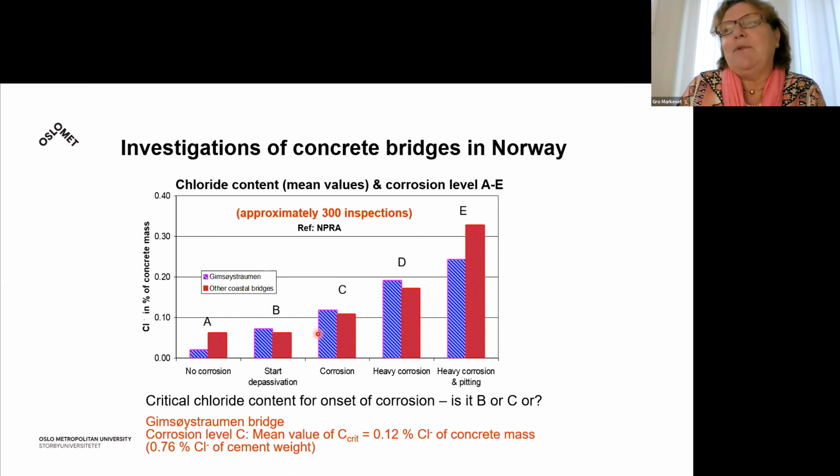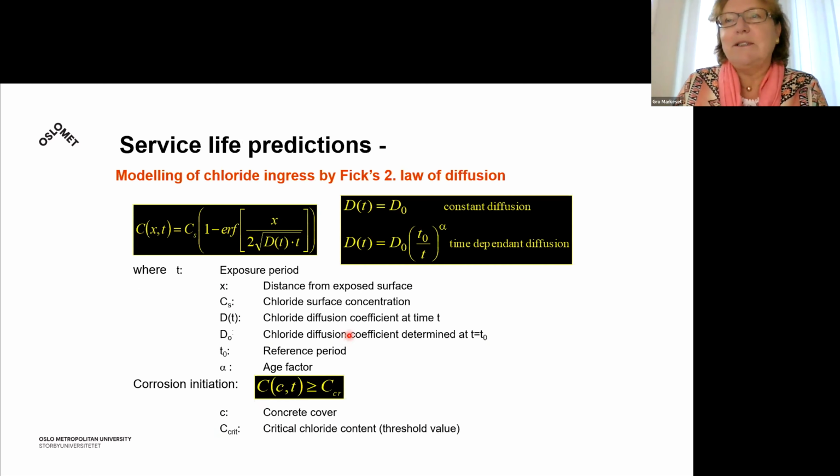So what can we use this information for in real structures, or say anything about service life? Because if you know what the critical chloride content is in the existing structure, you should use the values for something in the future. So if we are trying to calculate the service life or the needed concrete cover to reach a service life of 50 or 100 years, we often use Fick's second law of diffusion, giving it this way.